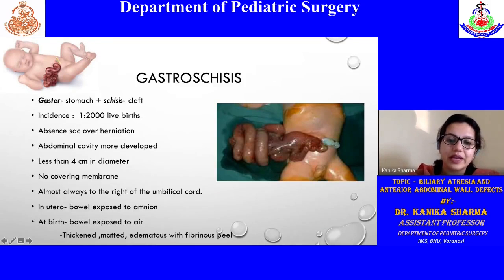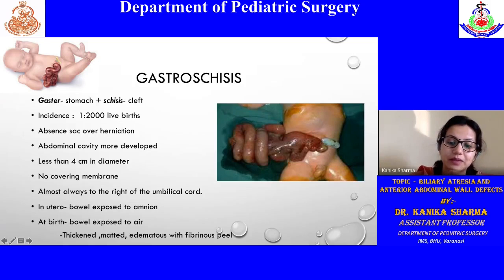While for the gastroschisis, as you can see in this picture, the entire bowel is exposed and lying freely outside the abdominal cavity, and it has not got any cover over it. When this is present inside the womb, the entire bowel is exposed to amnion, due to which there may be some changes already setting in the bowel.